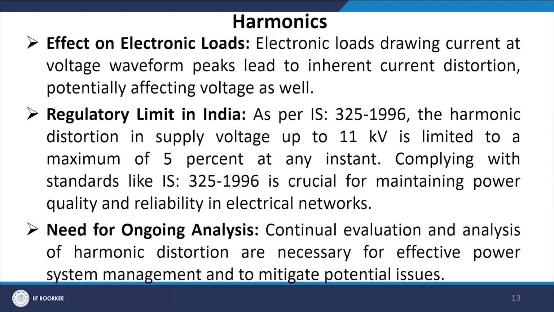As per IS 325/1996, the harmonic distortion in supply voltage up to 11 kV is limited to a maximum of 5% at any given point of time. Complying with standards like IS 325/1996 is crucial for maintaining power quality and reliability in electrical networks. Continual evaluation and analysis of harmonic distortion are necessary for effective power system management and to mitigate potential issues.